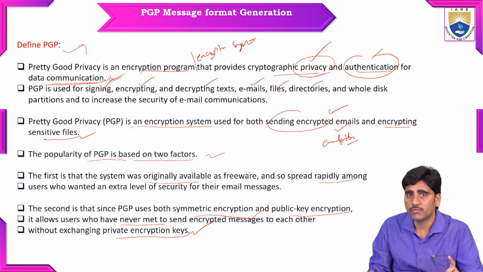So the first is using freeware software to communicate mails or files securely, and the second is applying symmetric or asymmetric public keys for the encryption and decryption process. Using the software as freeware and using different keys for encryption and decryption, the popularity of PGP became high.